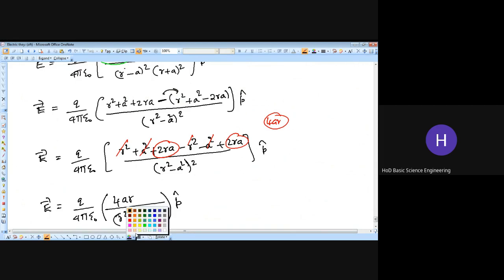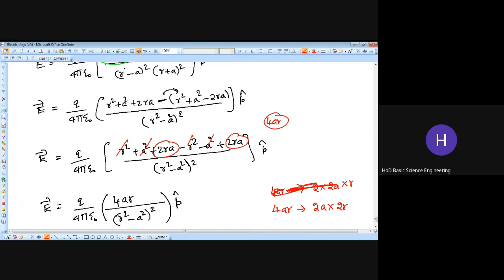Now this 4AR, can you rearrange it? 4AR can be written as 2A into 2R, correct?